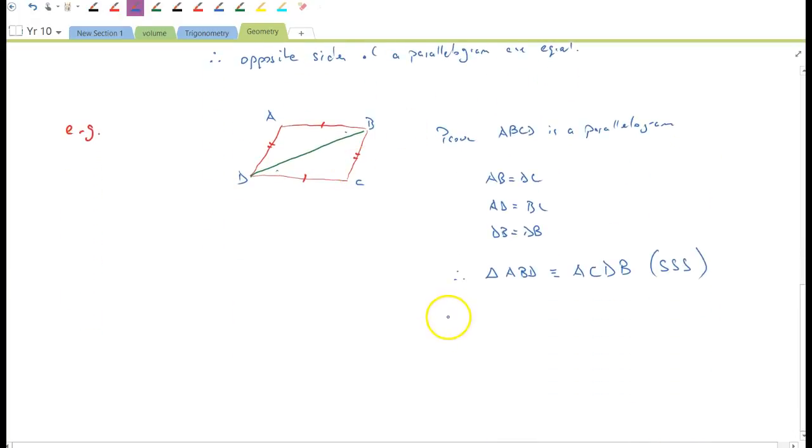So if these two triangles are congruent, then this angle must equal this angle. This angle must equal this angle. And if those angles are equal, then DC must be parallel to AB, because they're in alternate positions on that transversal DB. So that's how to work the other way. So we're using congruent triangles now to prove properties of parallelograms, and that's what exercise 2C is all about, and that's on page 104. So that'll be our next task.